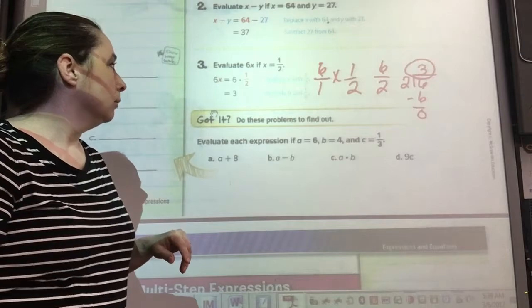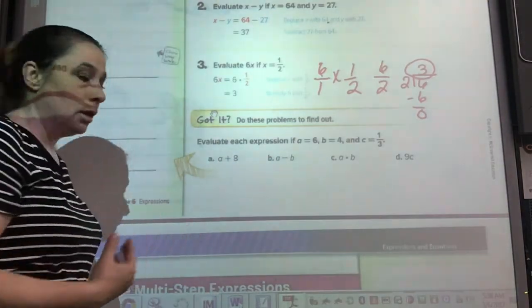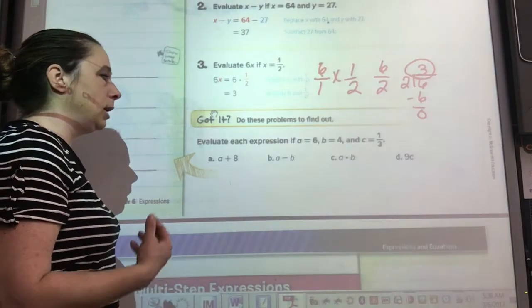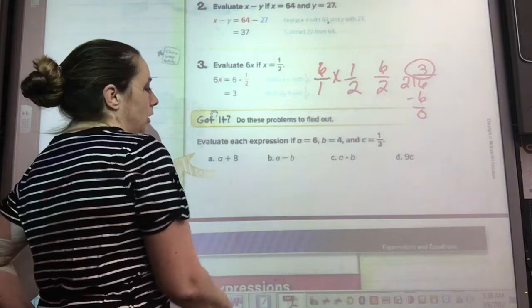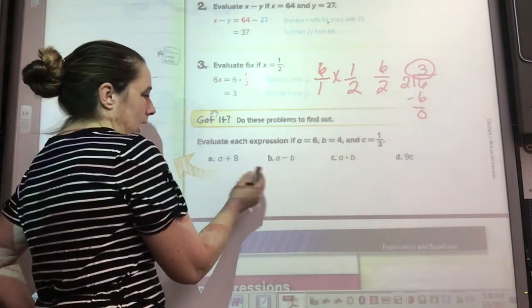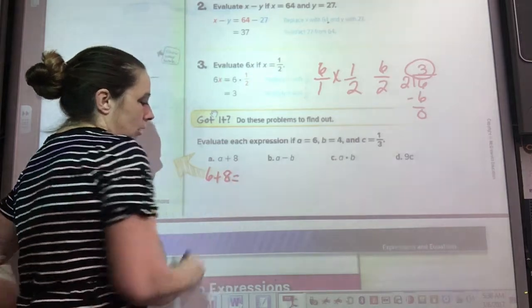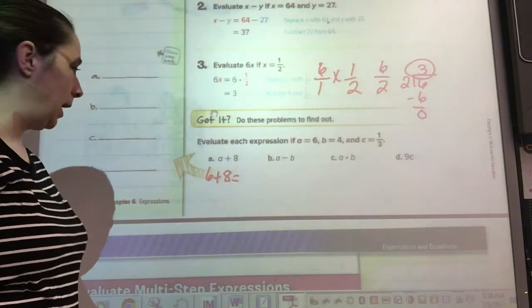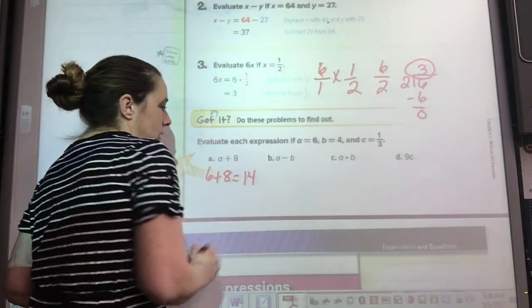Okay, so evaluate each expression, so solve it, if a is 6, b equals 4, and c equals 1/3. So for letter A, a is 6, a plus 8, so 6 plus 8 is all you have to do to solve that. So 8, 9, 10, 11, 12, 13, 14.